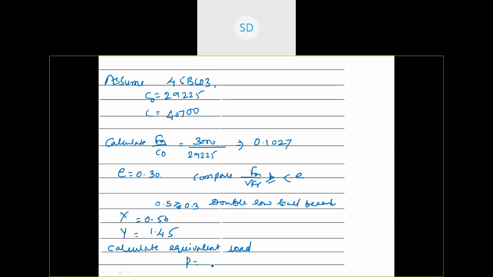So now P equal to XVFR plus YFA into CS. P equal to X is 0.56, V is 1, 6 kilonewton, plus Y is 1.45, 3 kilonewton, into service factor 1.25. Someone calculate.